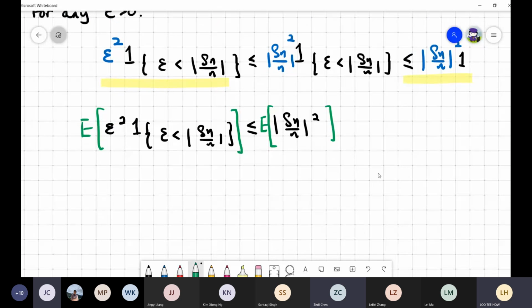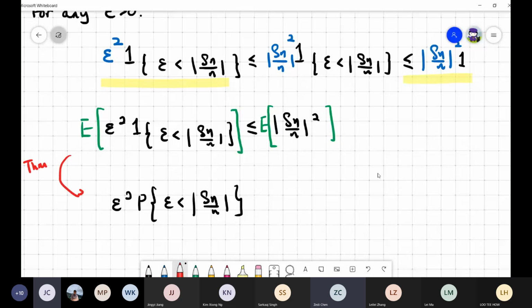For the left hand side, I think it should be theorem 4.1.3. So using theorem 4.1.3, we can directly get this. The left hand side will be equal to epsilon squared P of this. Just to let you know, from this one to here we are using theorem 4.1.3. Okay.